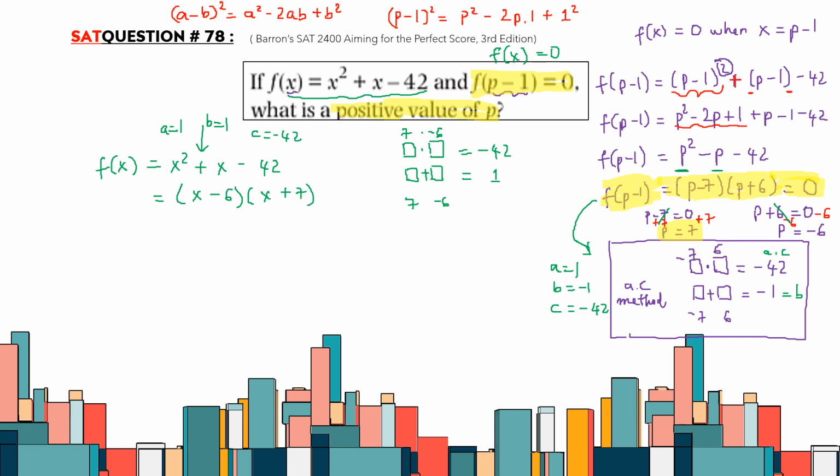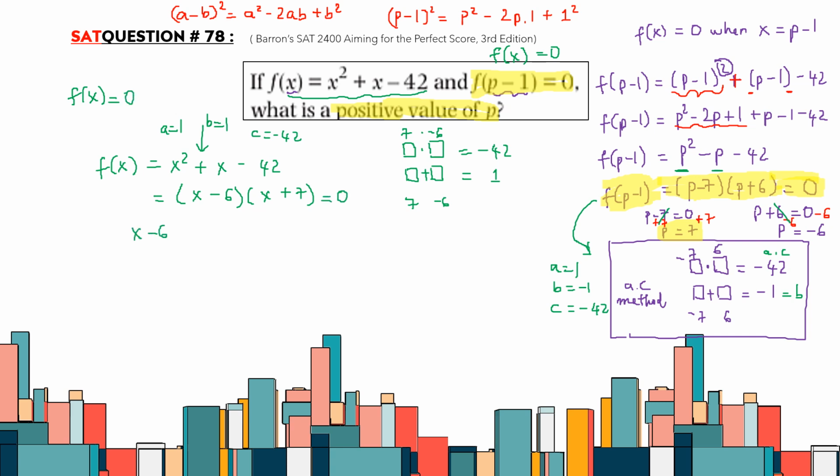I will attach a link in the description on how to factor quadratic equations or expressions. Make sure to check it out if you're not familiar with the AC method. Now we solve for when f of x equals 0, so we set this equal to 0.